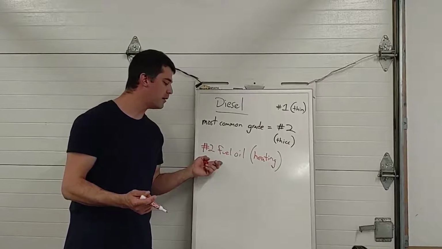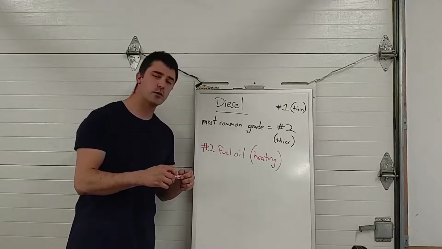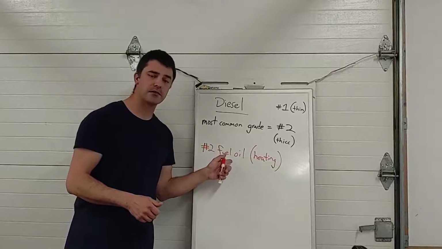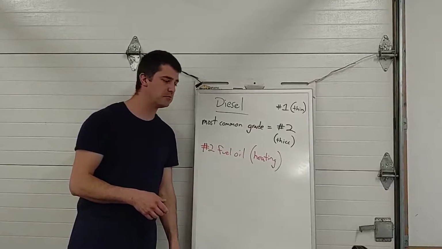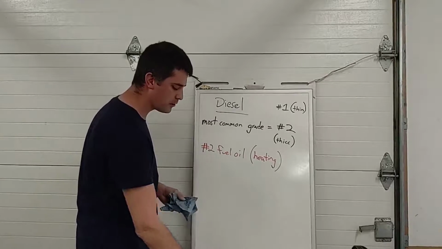So they dye it red, and the reason for dyeing it red is if the DOT were to pull over a truck and find a truck full of heating oil rather than diesel fuel, which is just kind of yellowish, they would get a big fine for basically tax evasion, for not paying the road tax. So just a little interesting thing.